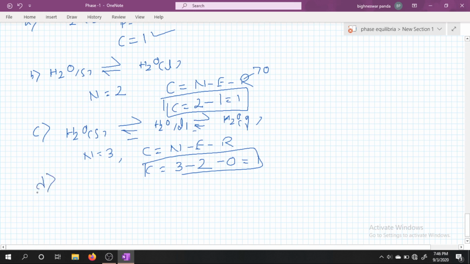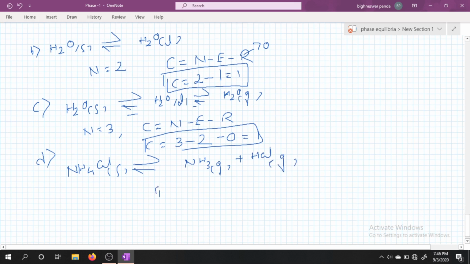Another problem I am doing: NH4Cl solid dissociates into NH3 gas plus HCl gas, and there is a condition given, pressure of NH3 is equal to pressure of HCl.